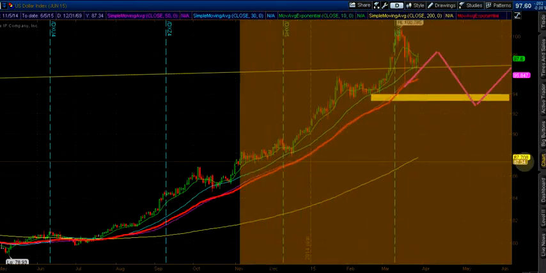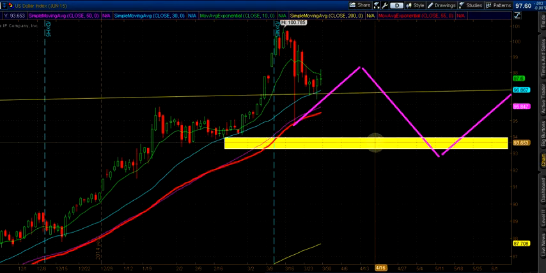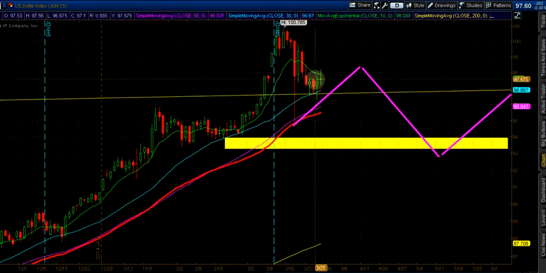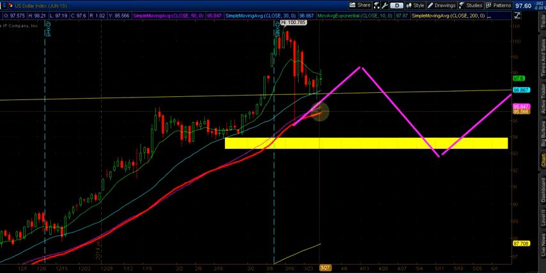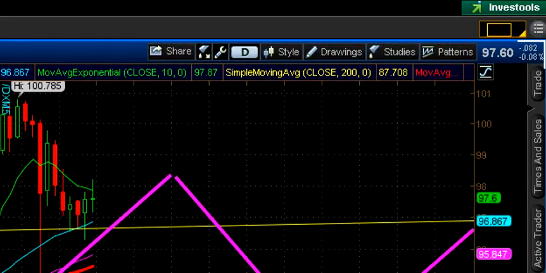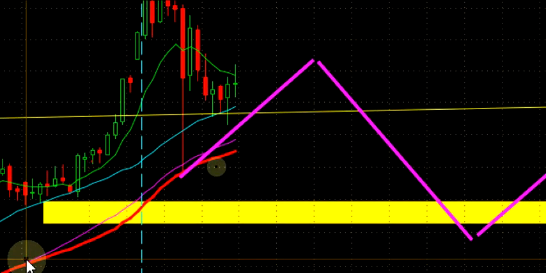Here's the US dollar. I had drawn this stuff on here. Really what I'm looking at is this box. But it could have pulled back here. I mean, it could look something like, just like what I just drew there. Whoops, let me get this centered correctly.